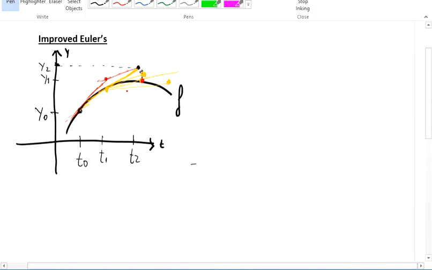So we keep doing that, and you have a tendency to hug the curve when you do that with improved Euler's. So it's a more accurate method. We'll have a t0 and t1 and a y0, but this y1 I'm going to call u1, and this will be u2, because we're going to backtrack with these slopes to get this point here, which is y1. So let's see how we do this in Excel.